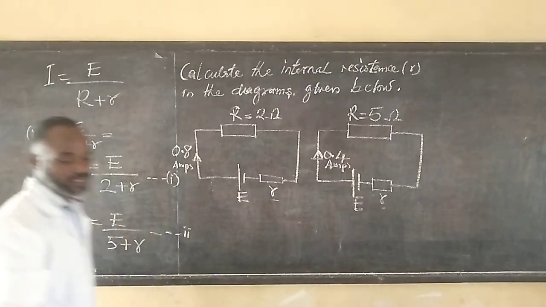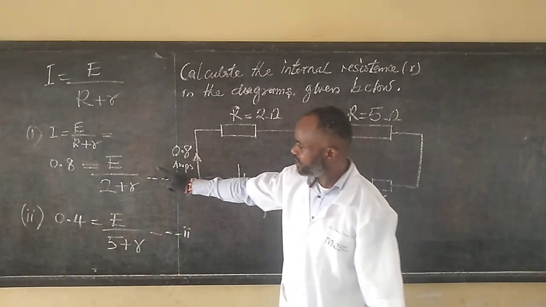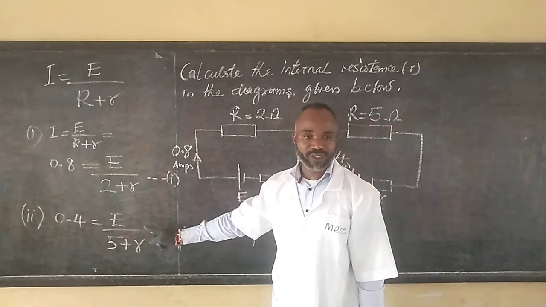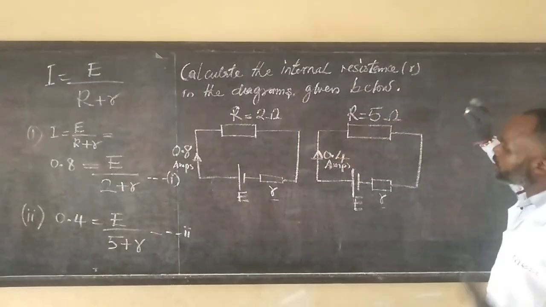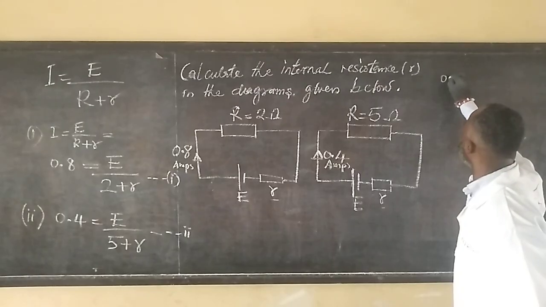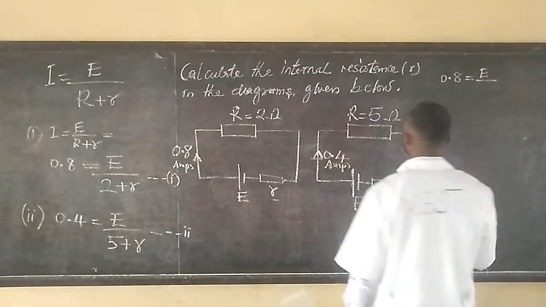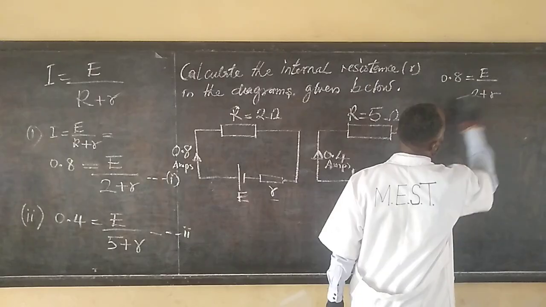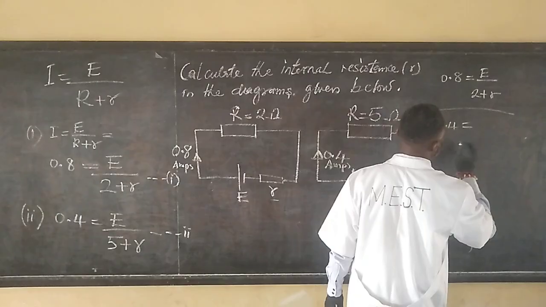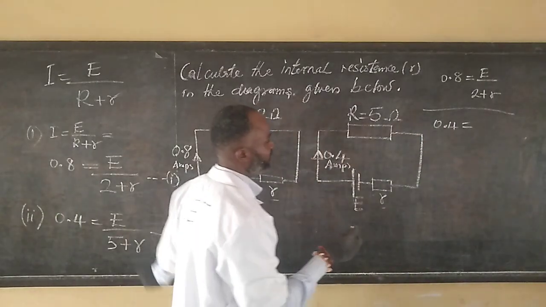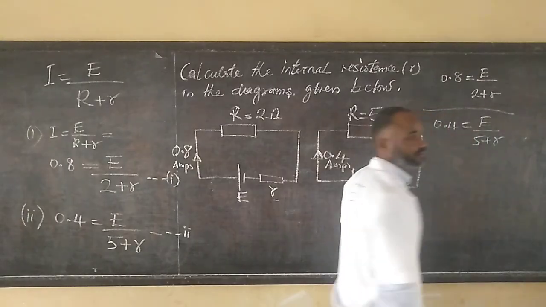Alright, we are going to divide equation number 1 by equation number 2, and see what will happen. We start with 0.8 is equal to E all over 2 plus r, all over 0.4 is equal to E all over 5 plus r.